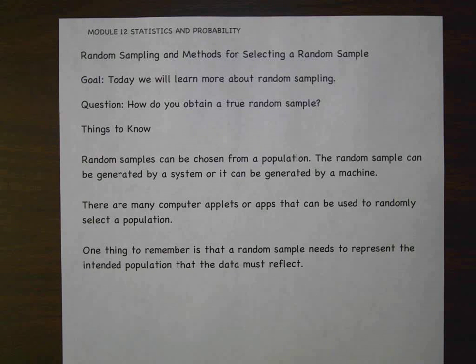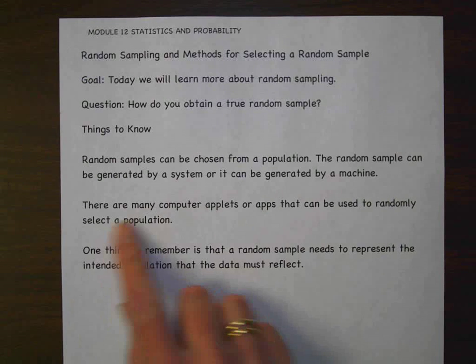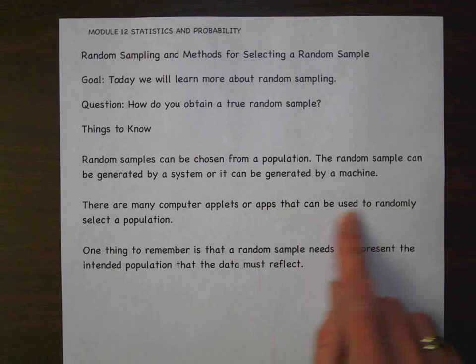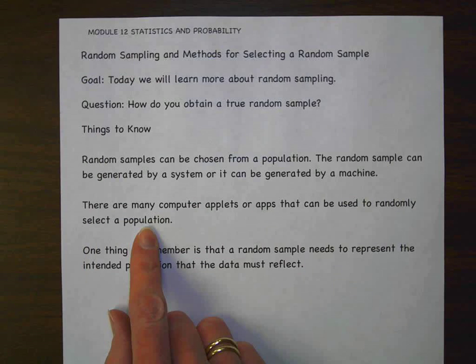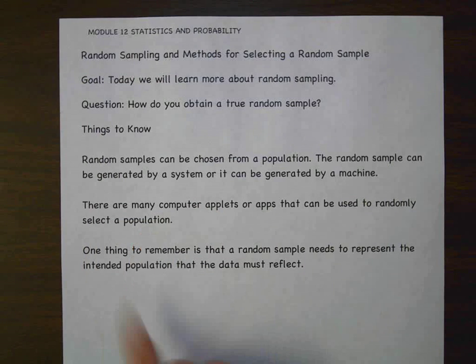That is computer generated, or machine generated, so it really is very, very random because there's no bias. There's no, oh, well, I want a boy this time, or oh, I want a girl this time. So it's truly random. There are many computer applets or apps that can be used to randomly select a population, which is what I was just talking about.